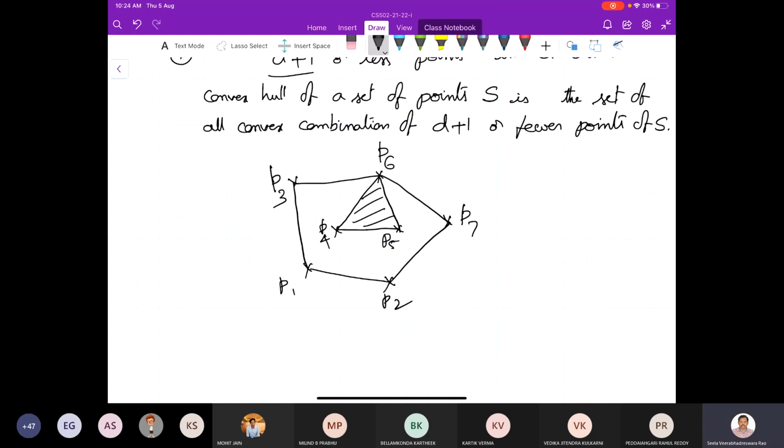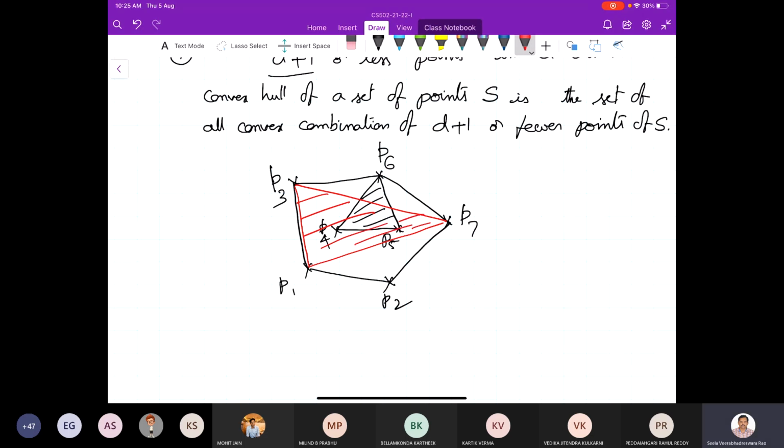Now let's take another set of 3 points. Let's say now I'll take P1, P3, and say P7. So all convex combinations of these 3 points is nothing but all the points which are inside this triangle.